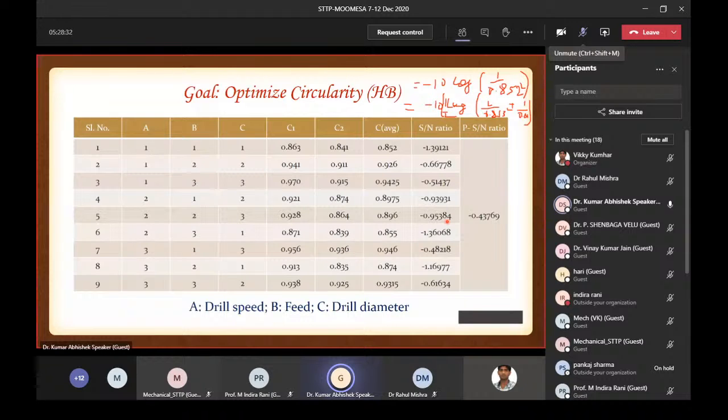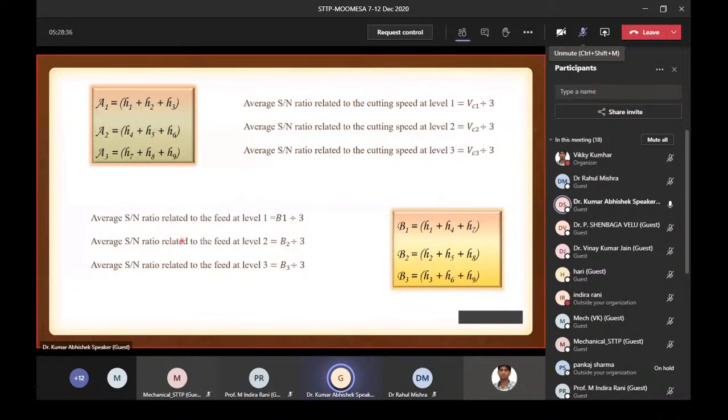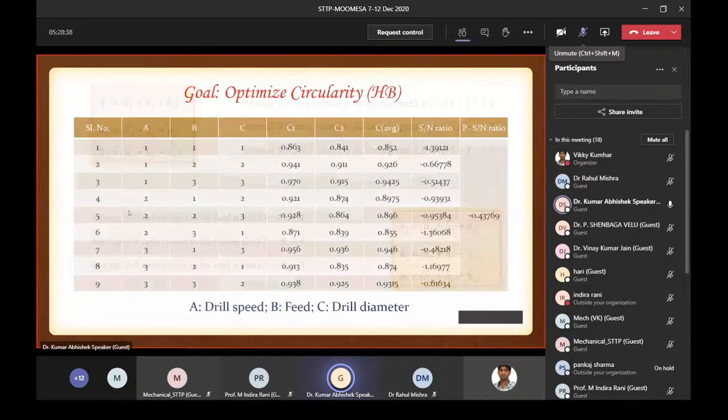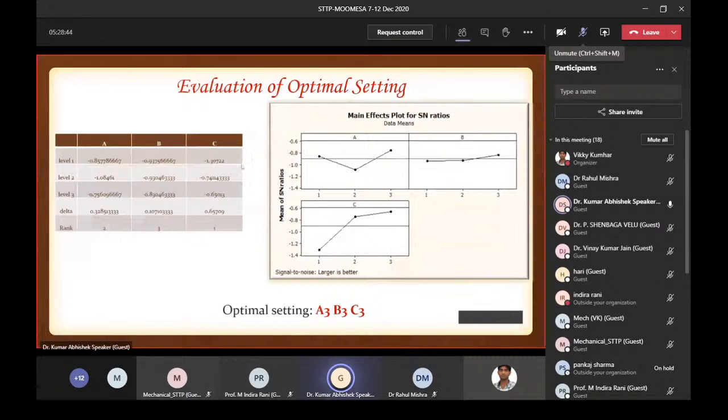This is how we can determine the average SN ratio value for all these 3 factors for all the levels. Once you find the levels' average values, you can write them in this table.